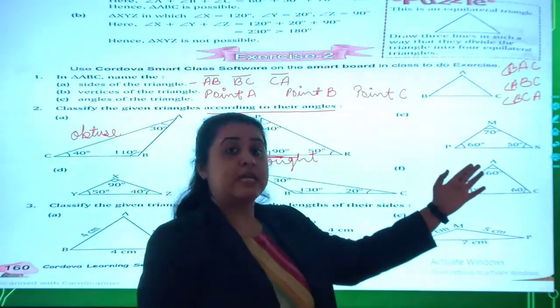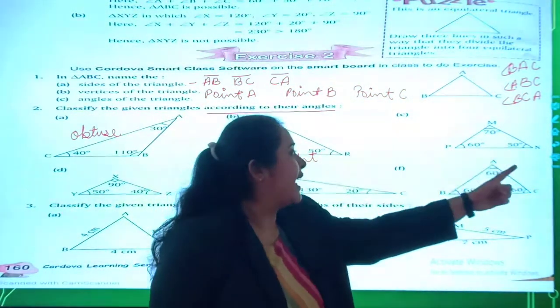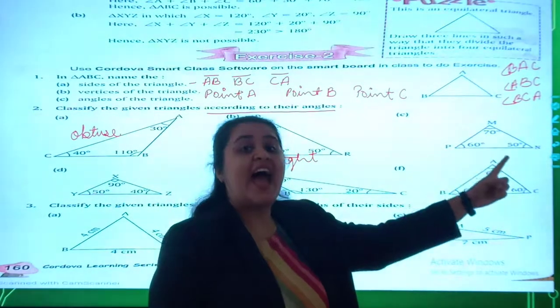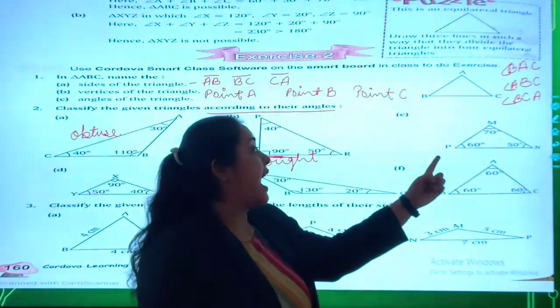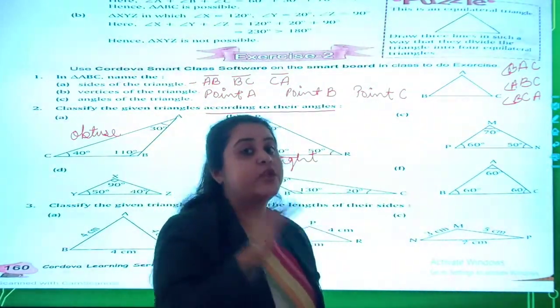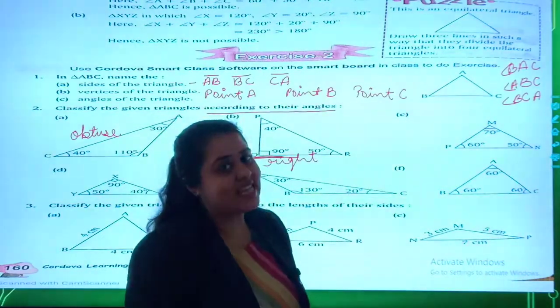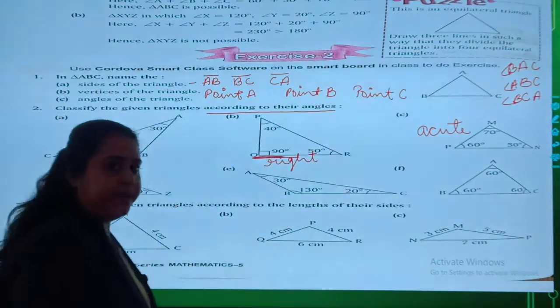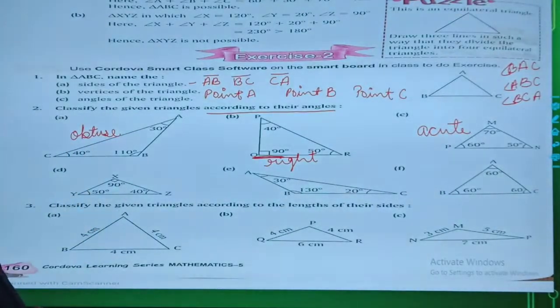In this triangle MNP, angle M is 70, angle N is 50 and angle P is 60. You will observe that all three angles are less than 90. So this will be an acute. Okay. In this angle 90, 40, 50.